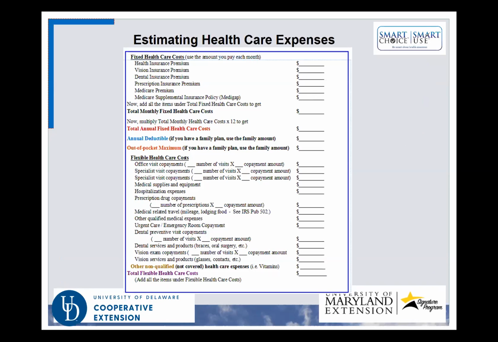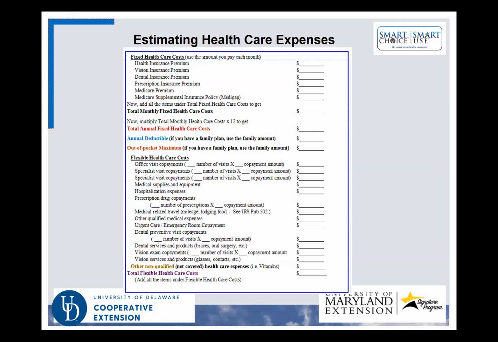So this slide comes from that estimating healthcare costs publication, and you can see it's a blank form that gets you to really think about, well, what are my premiums? Is there a deductible? Is there an out-of-pocket maximum? And that's sort of the fixed healthcare expenses.